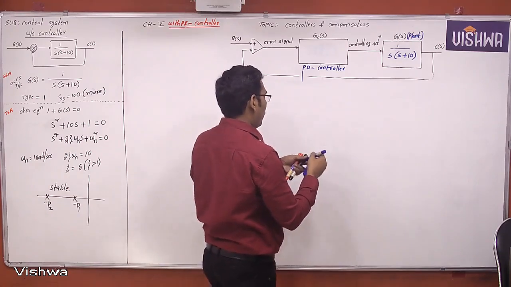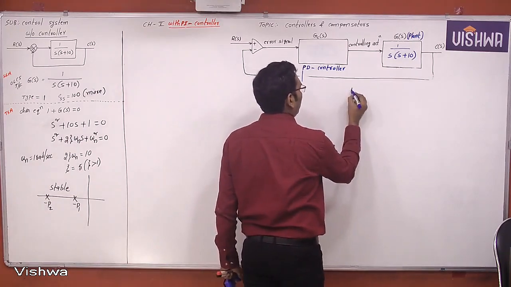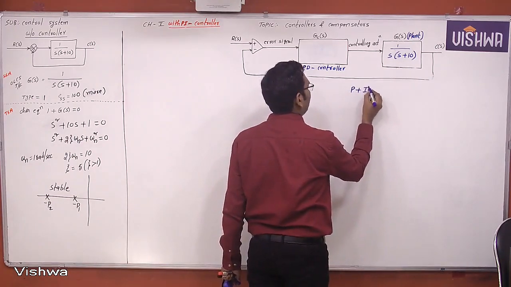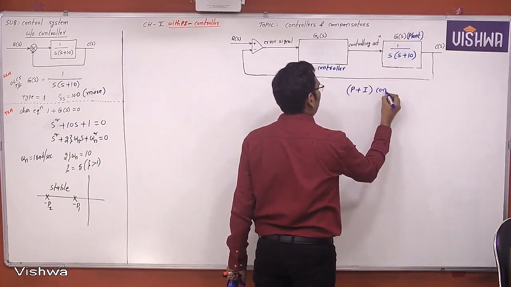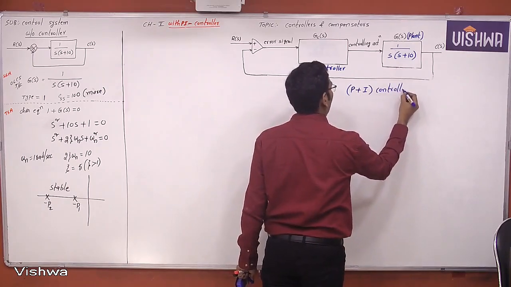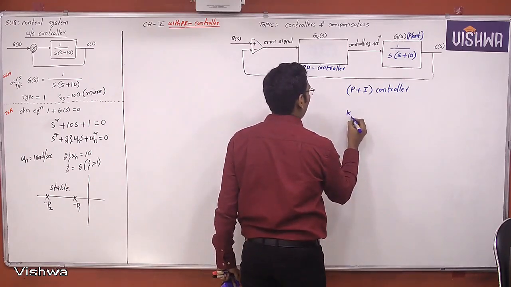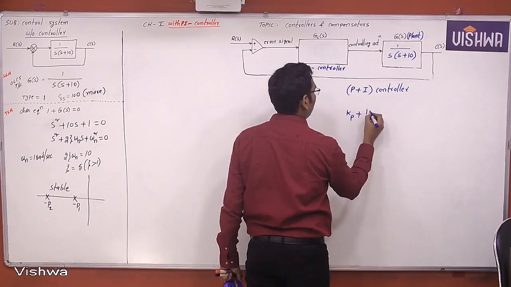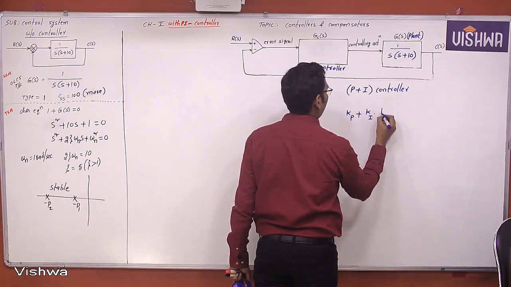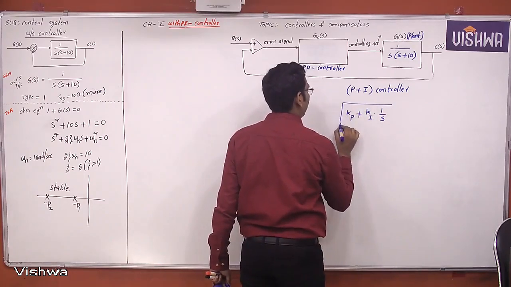Proportional plus integral controller, PI controller, P plus I controller. The proportional controller will produce a gain of Kp, and the integral controller will produce a gain of Ki and one pole at the origin.